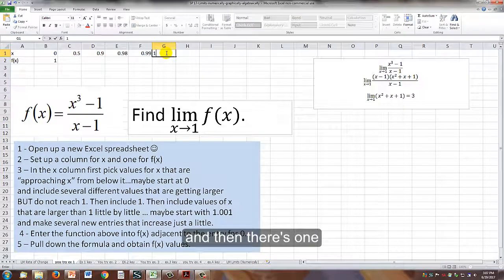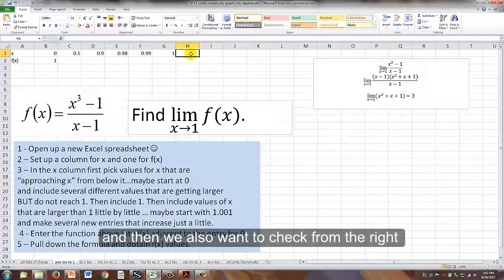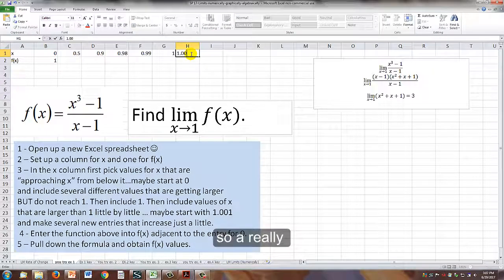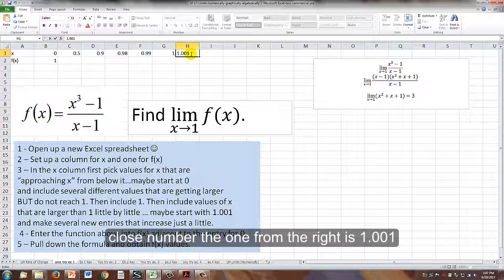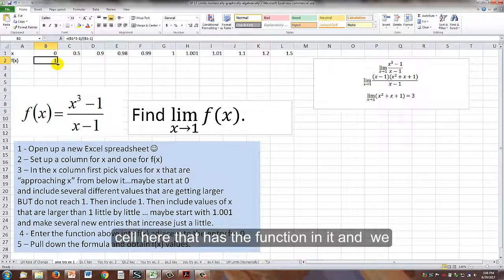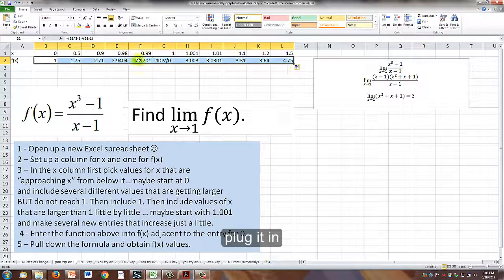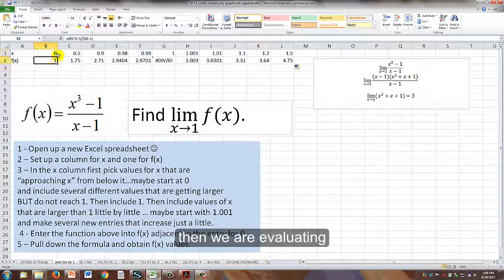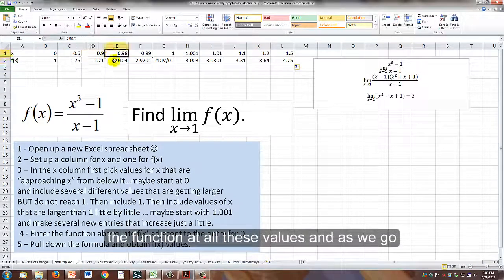And then there's 1. And then we also want to check from the right. So a really close number to 1 from the right is 1.001. Now if we take this cell that has the function in it and plug it in, we are evaluating the function at all these values.